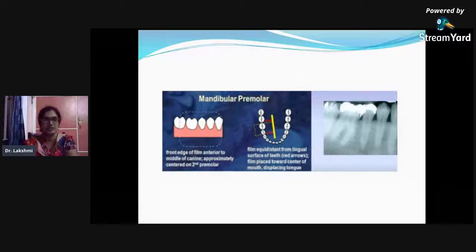But for the purpose of understanding geometry, there are two techniques which we take for an intraoral radiograph, which is very commonly done in routine clinical setup, even for a dental checkup as well as treatment procedures.